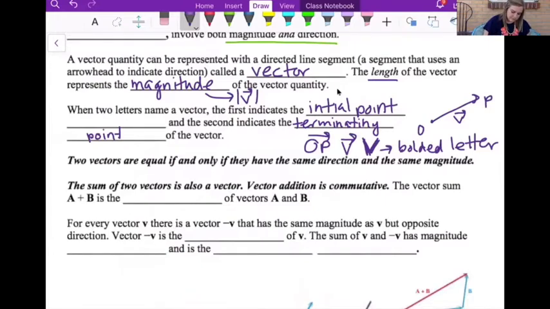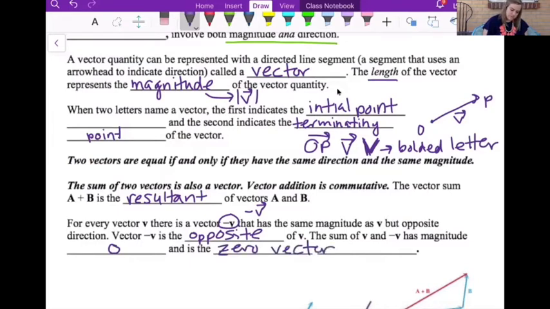We call this the resultant of vectors A and B. Now, if we see this negative V, this is the opposite of V. The sum of V and negative V is 0 and results in the zero vector.